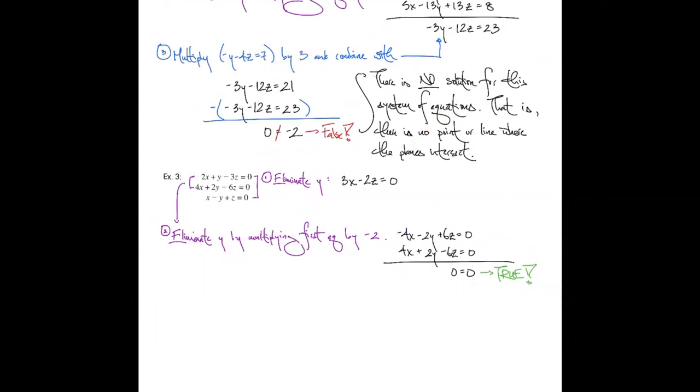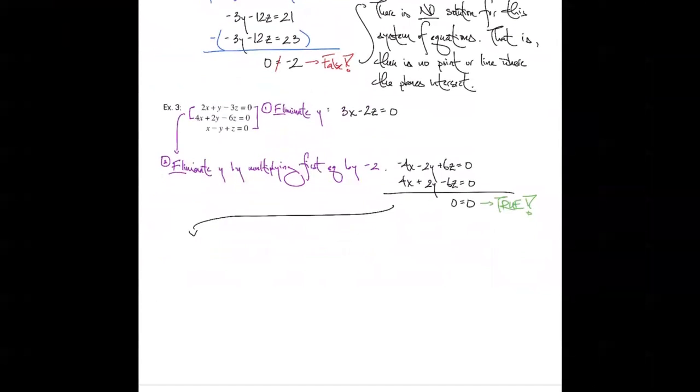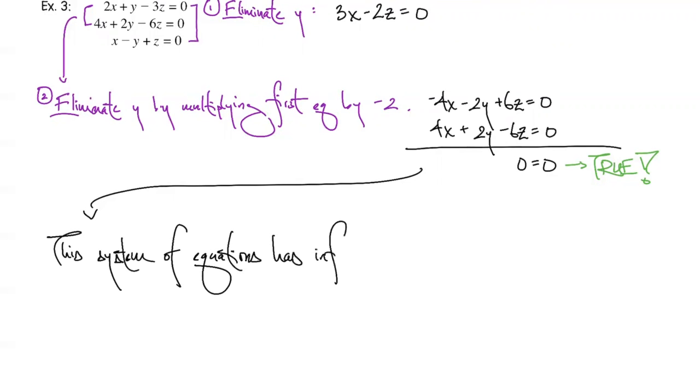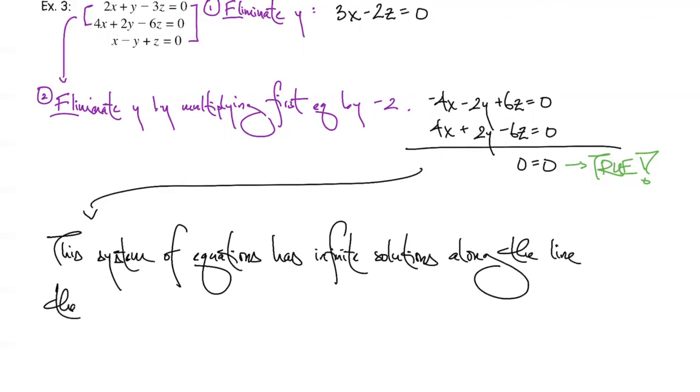Okay. Rather, here's what this tells us. So if you get to the end, you get a true statement. It means that this system of equations has infinite solutions along the line all three planes intersect at.